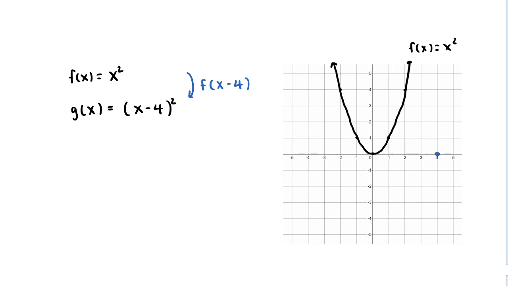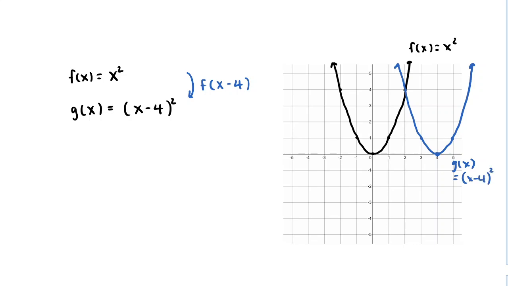And that's true. Here, I would encourage you to pause the video and plug in other values to really convince yourself that we'll get a shift right 4 units, but this is going to be the graph of our g of x function. This is g of x is equal to x minus 4 squared.